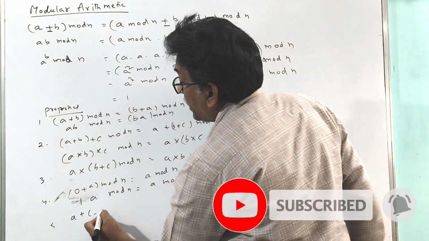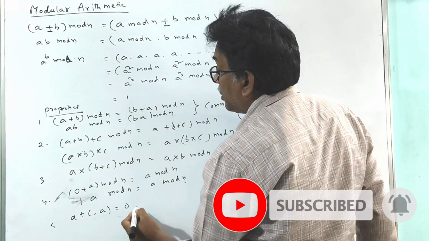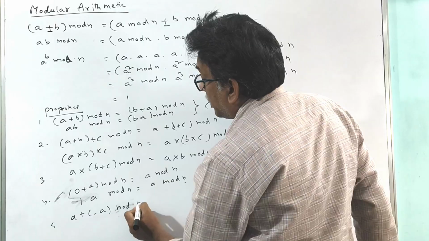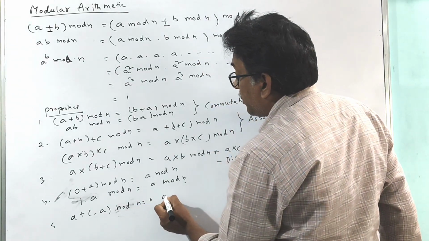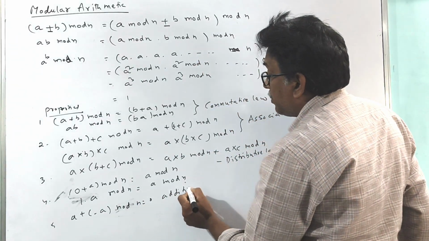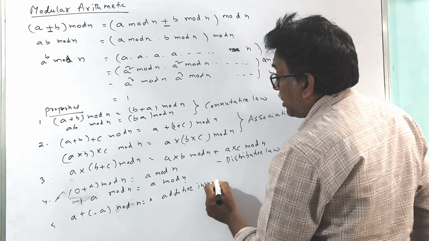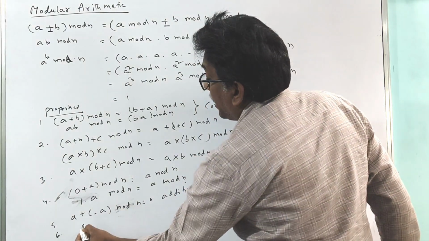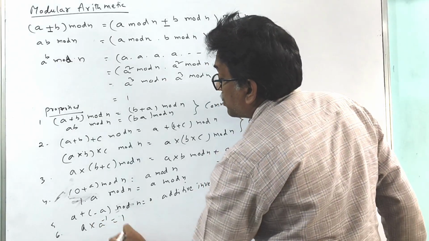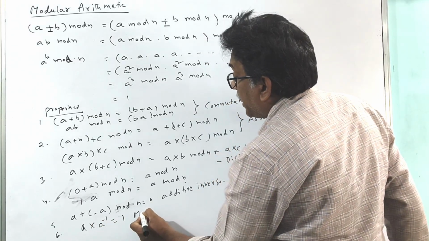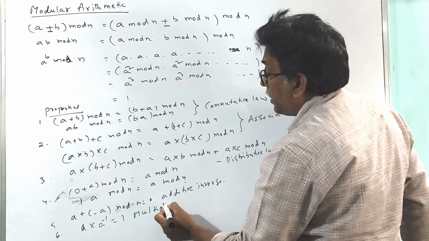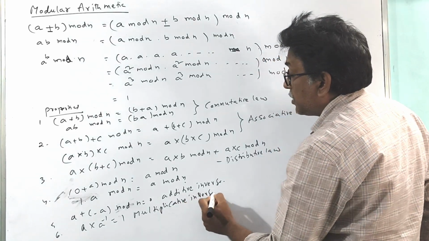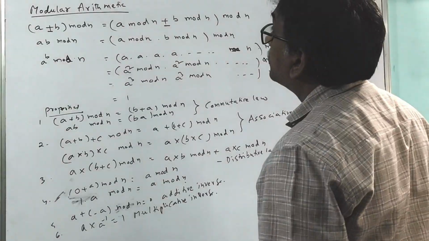So a plus (minus a) is equal to 0. So (a plus (minus a)) mod n equals 0, that is called the additive inverse. And we have another formula, a into a inverse equals 1. That is the multiplicative inverse. Okay, these are the formulas.